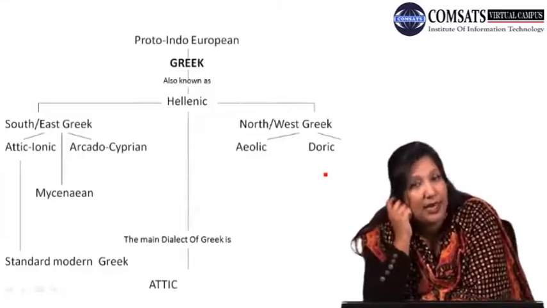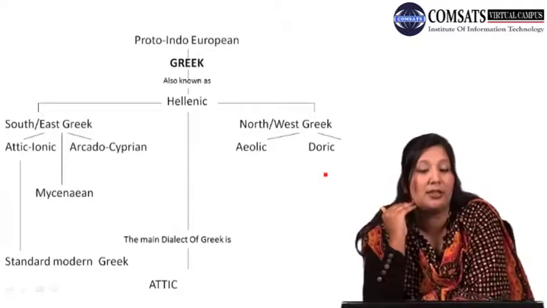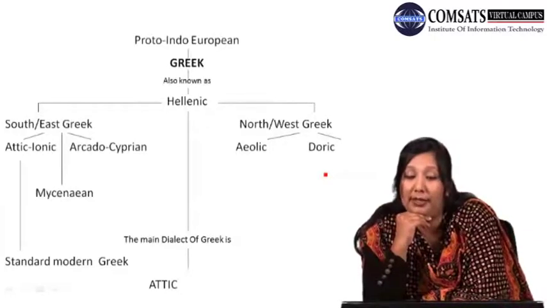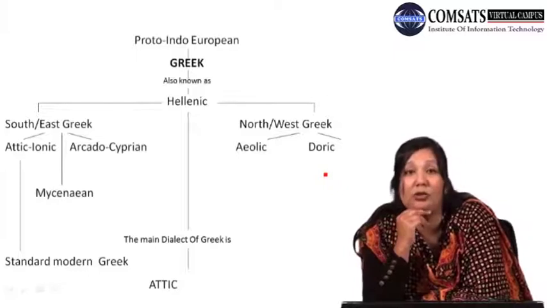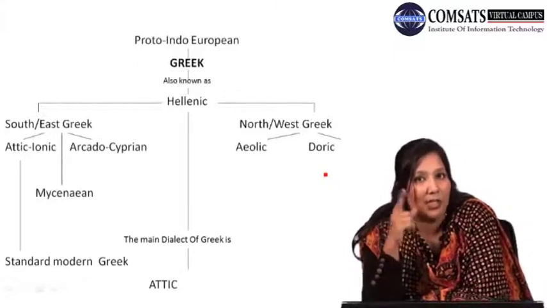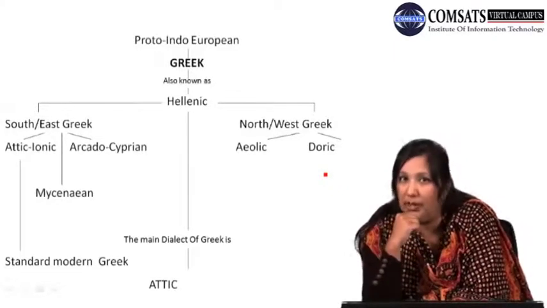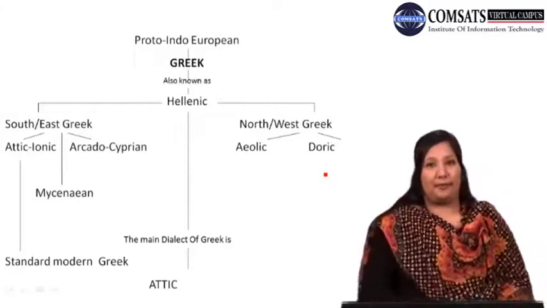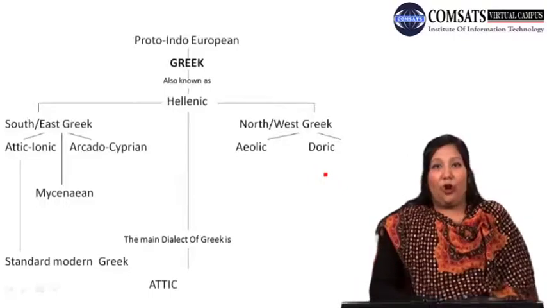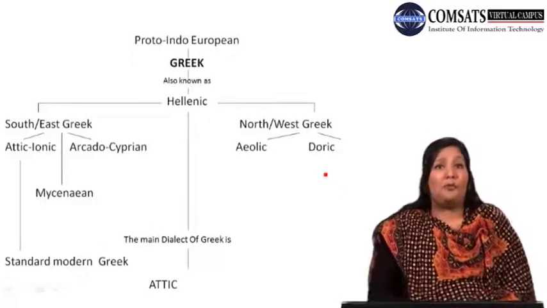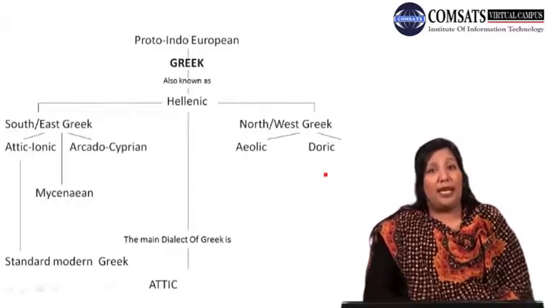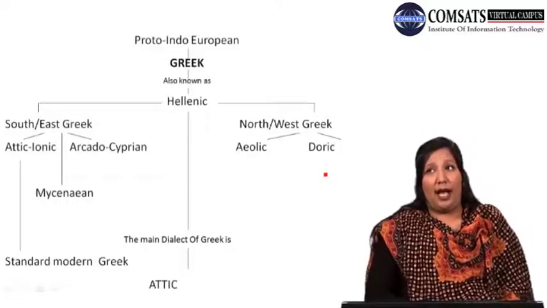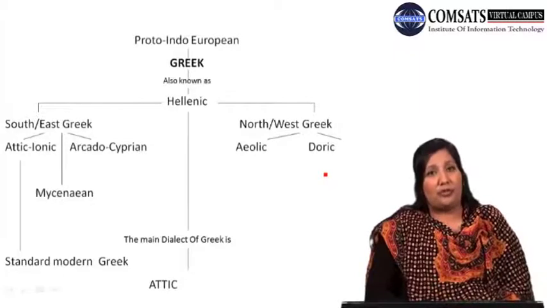Let's see how Hellenic is divided. Proto Indo-European is further divided into Greek, also known as Hellenic. So we now know that Hellenic is actually the language of the Greeks. It is the language of very old, very primitive people, the Greeks, who existed centuries back.